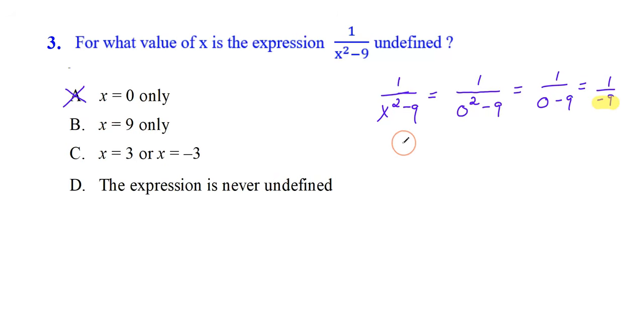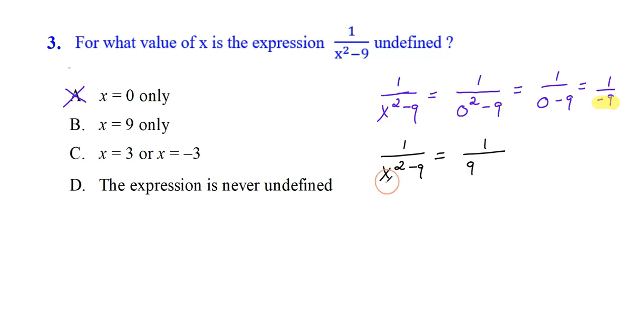x equals 9. So I'm going to rewrite this expression again. Put it in a different color. I'll bring over my 1. And we have x squared minus 9 in the bottom, so I'm going to replace this time this x with this 9. So I'll put 9 in for x here.